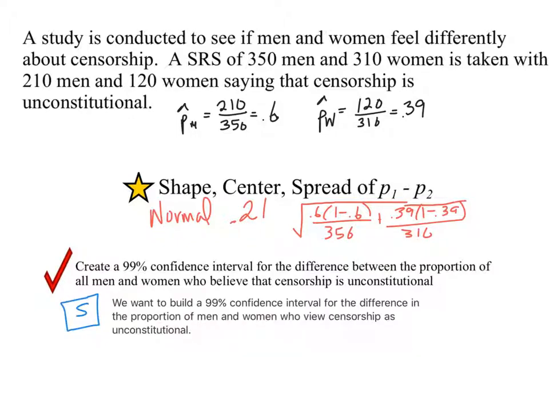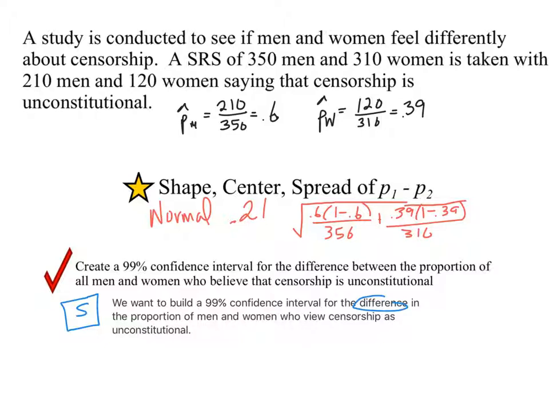And the key here, you'll see, is we want to build a 99% confidence interval for the difference. We calculated a difference of 0.21, but that's based on a sample. We want to create an interval for the population difference. So that's the key here, that word difference, and the proportion of men and women who view censorship as unconstitutional.